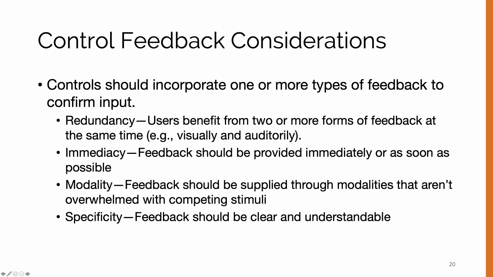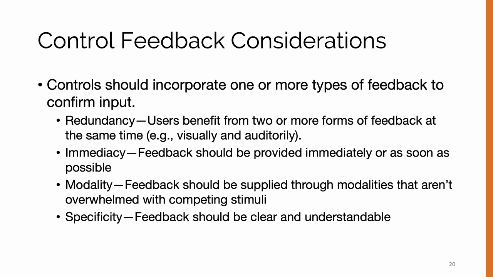So one of the things that controls need to provide is some kind of feedback about what's happening. And controls should incorporate one or more of these types of feedback, if at all possible. So in particular, from a perspective of redundancy, users tend to benefit from 2 or more forms of feedback at the same time. So often when you're moving something, you can see it moving and maybe you can hear a click, for example.